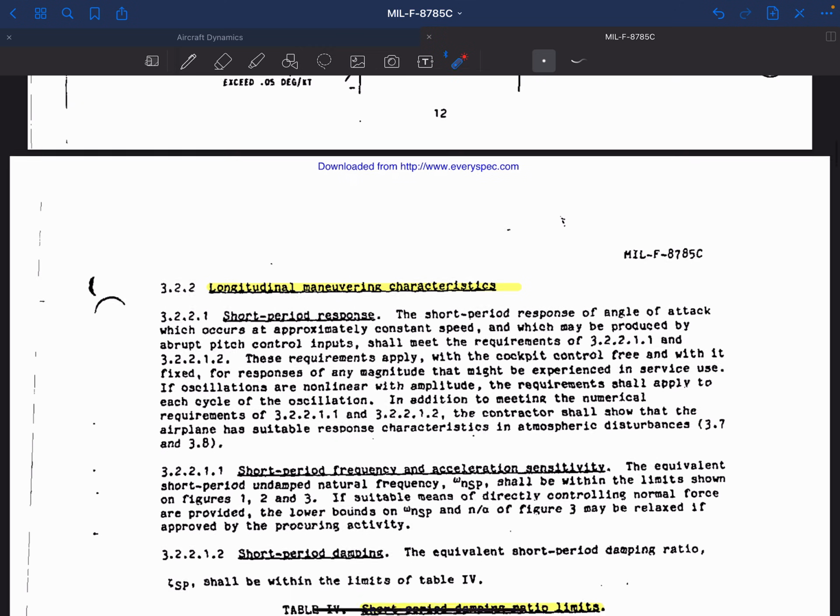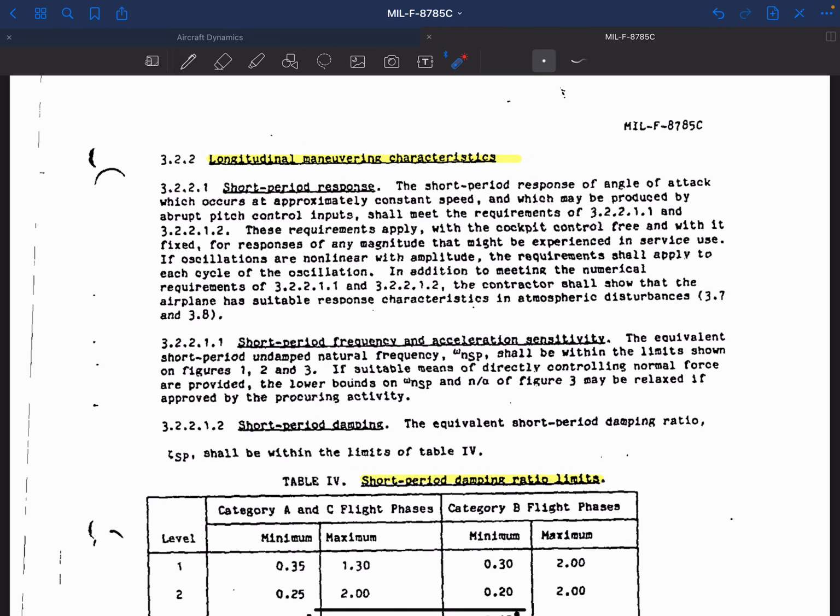We're going to skip that section and focus here on short period frequency and acceleration sensitivity. So what they did is they found that the handling qualities were related to the undamped natural frequency. So this is omega sub n.